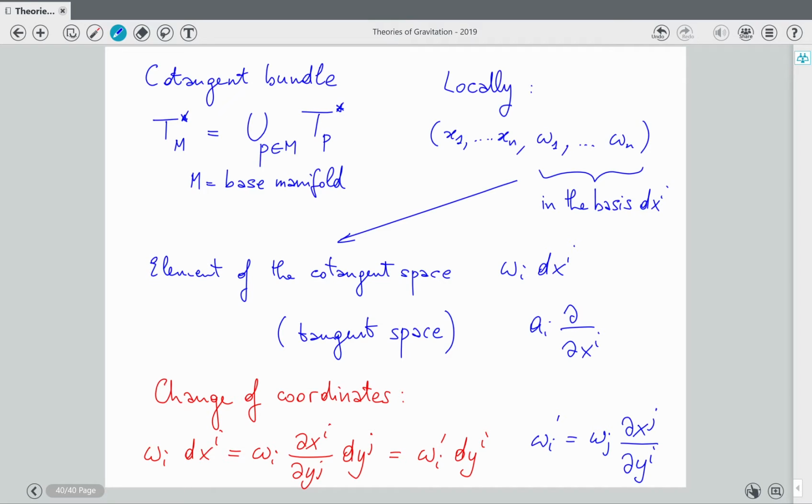This is not a differential form yet, because on every point of the base we are associating the entire fiber, which is the entire space, and a differential form is a section. So a differential form is the case where with every point of the manifold you associate just one element of the cotangent space to that point, which means that this omega i will be a function of x.